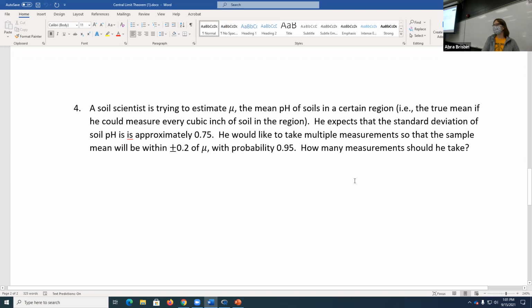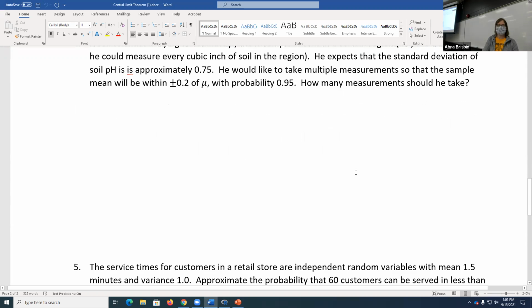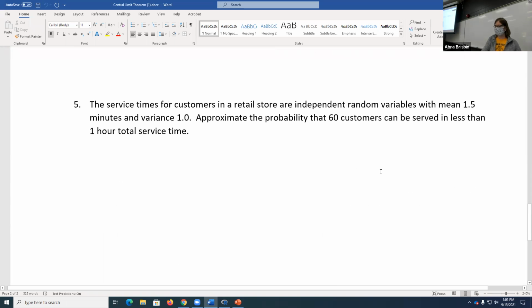So I will leave you to do that on your own if you would like, and I'll post a key for that on Canvas. But I did want to talk about problem 5, which is a little bit different. So take a moment to read that and think to yourself about what strategy you might use.